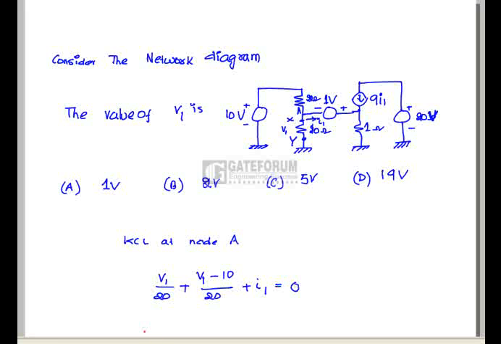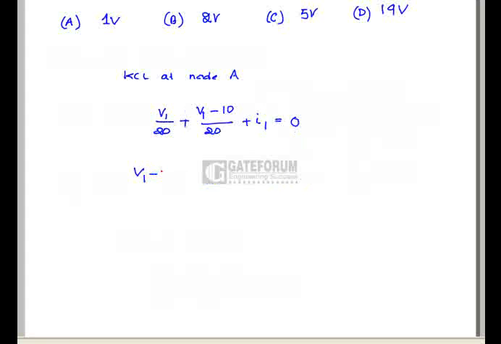Here V1 minus V2 equals to minus 1 volt. This is equation 1, this is equation 2. Here V2 equals to 10 I1, this is equation 3.